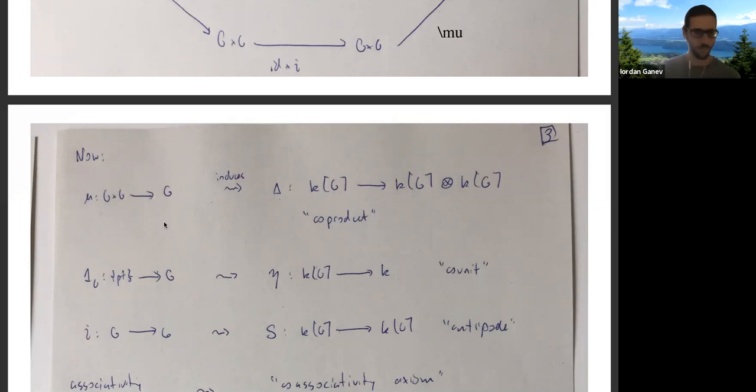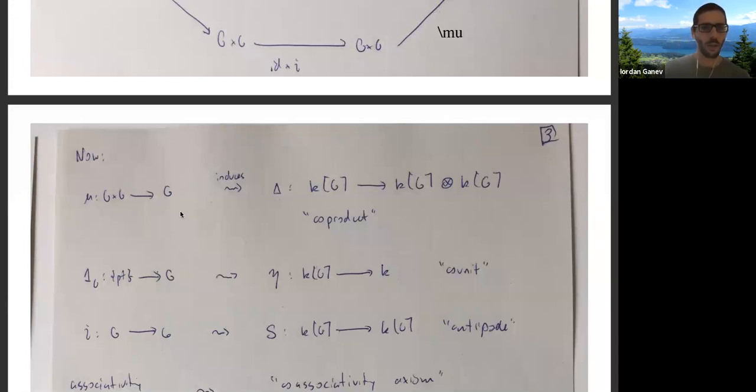First of all, this map mu induces a coproduct on the affine algebra. All of these things here are affine varieties, and we saw that the induced map on affine algebras goes the other way. So we get an algebra homomorphism from k[G] to k[G] tensor k[G]. More concretely, this is nothing but pullback of functions.